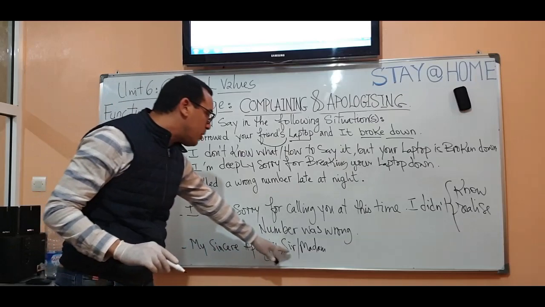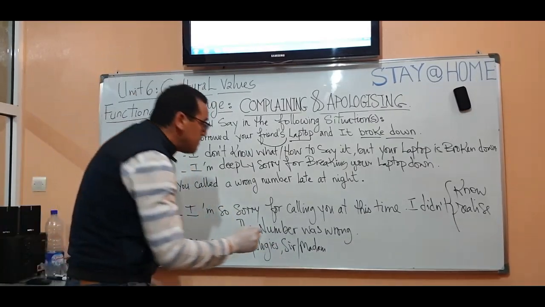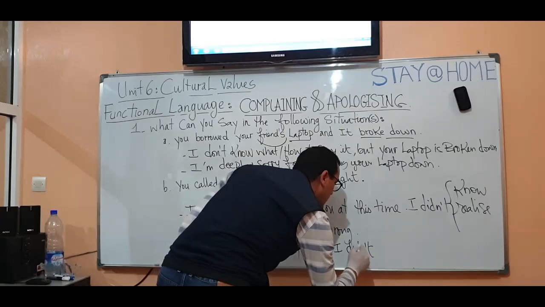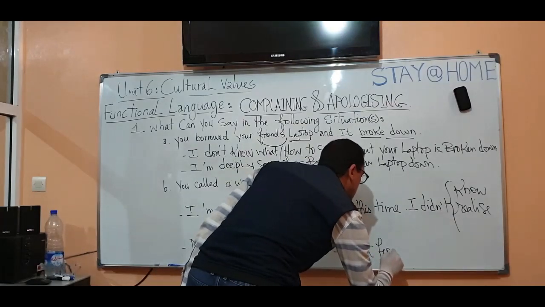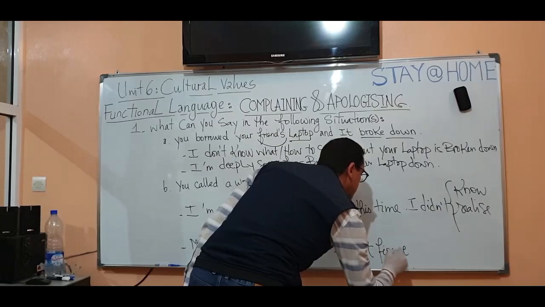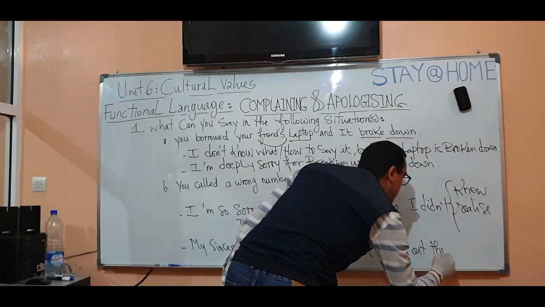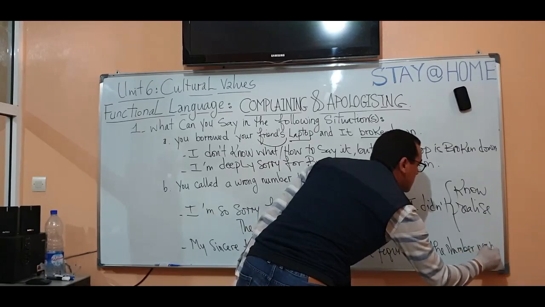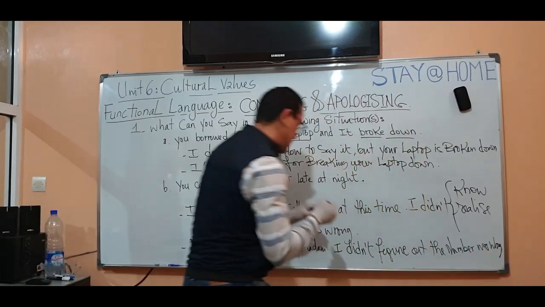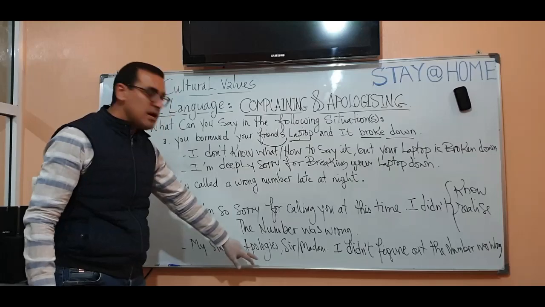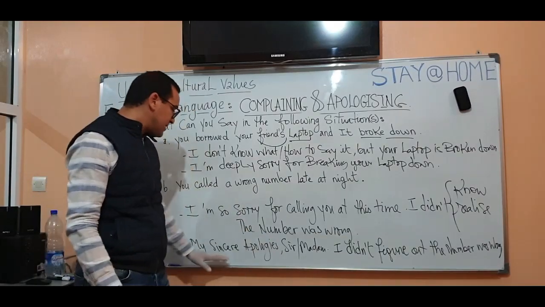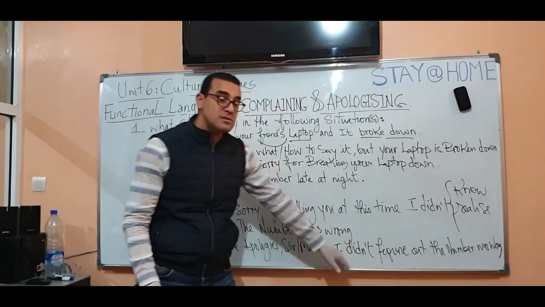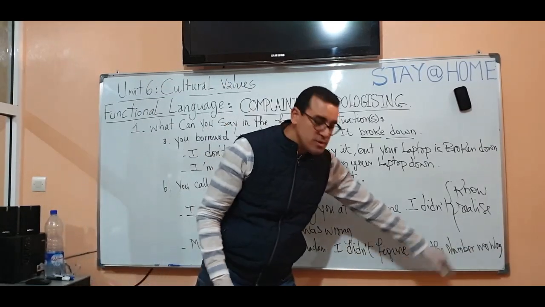My sincere apologies, sir or madam. I didn't figure out the number was wrong. Okay, so my sincere apologies, sir, or my sincere apologies, madam. I didn't figure out the number was wrong.